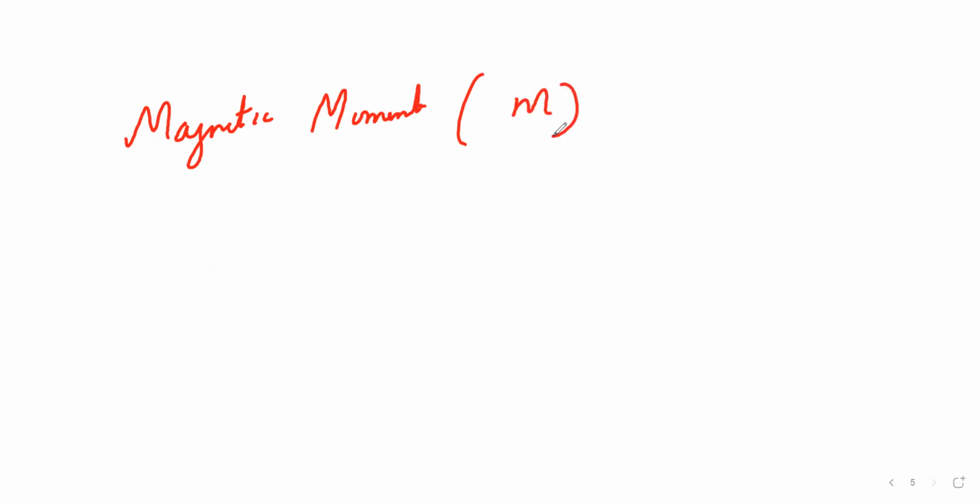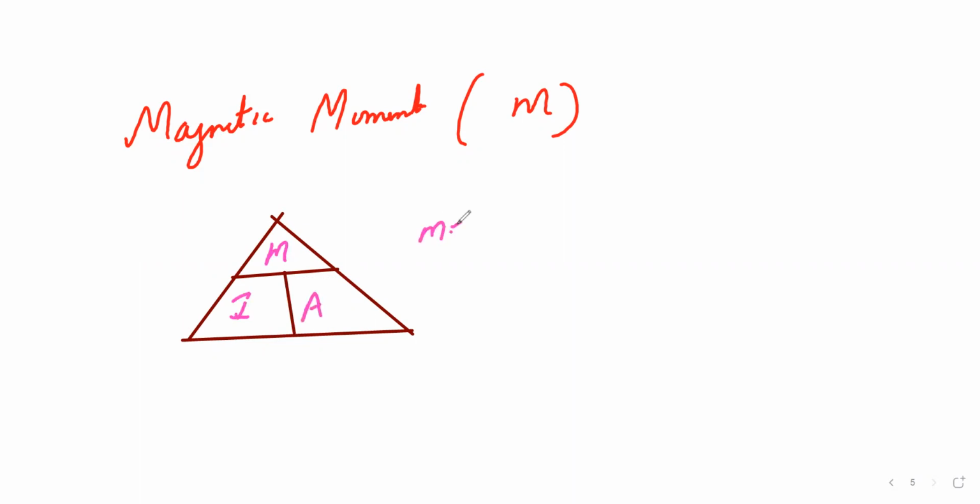So there is one more topic, that is magnetic moment here. Small m. There is an easy way to study that. Draw a triangle with M, I and A. So basically M is equal to I A. That's it.